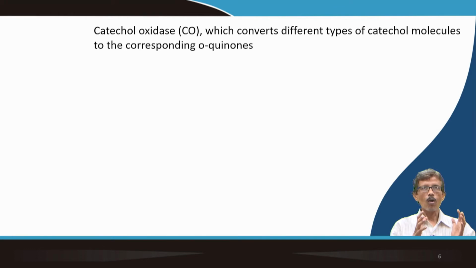So, we will talk about all three together basically, because they are very much similar. Side by side it will be very easy to understand the reactivity pattern of all three together.